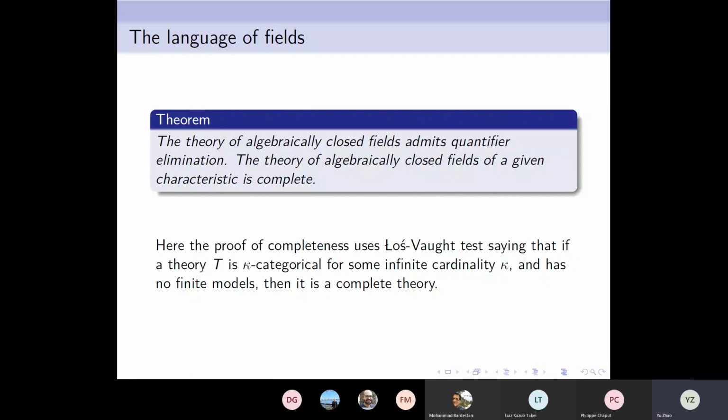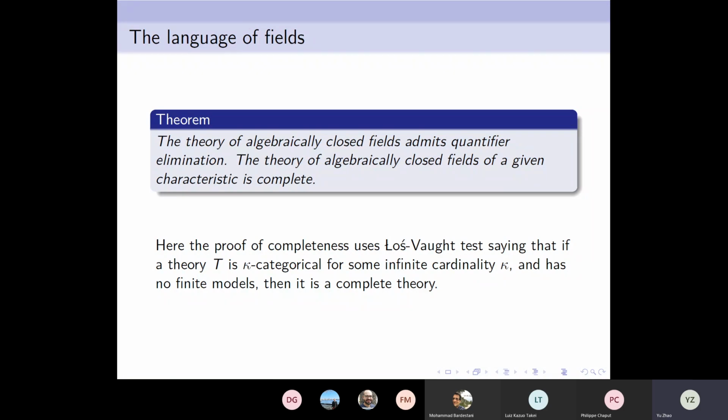And for kappa categorical, take an uncountable cardinality. Two algebraically closed fields of uncountable cardinality are isomorphic if and only if they have the same characteristic and the same transcendence degree, that is, isomorphic transcendence bases.